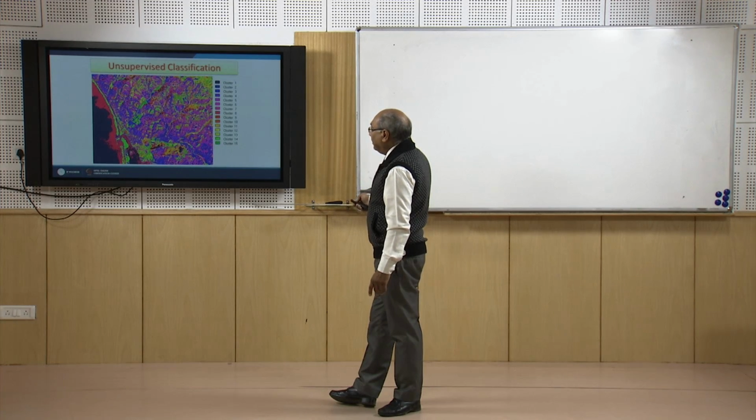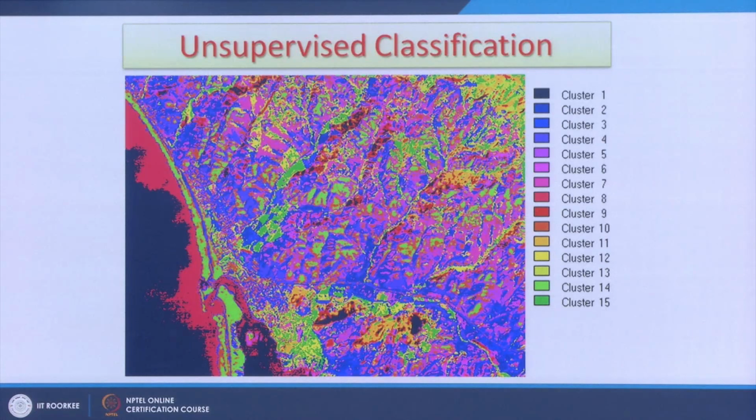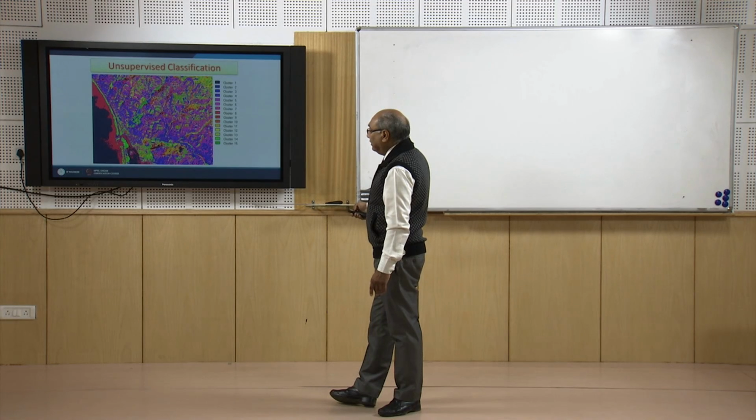Similarly, if this color shows high sediment concentration, I will label it turbidity or high sediment concentration. If this is a water body, I will assign it as lake water, or whatever. If the green color is forest area, I will label it that way.